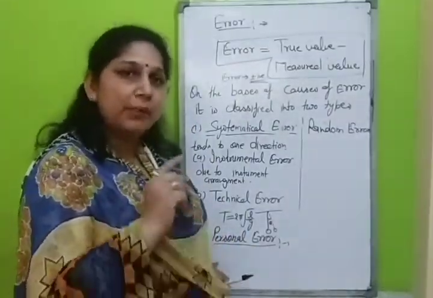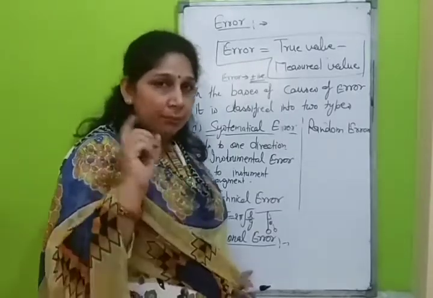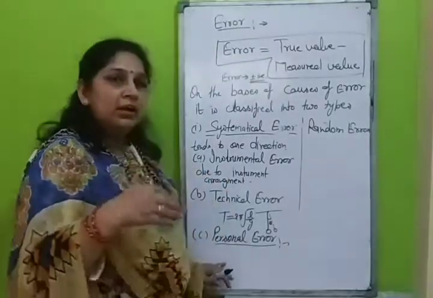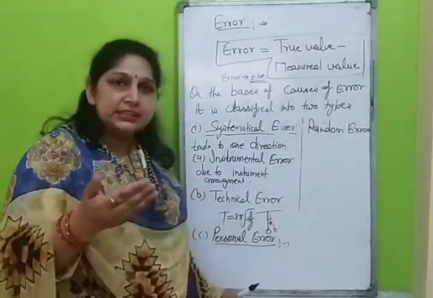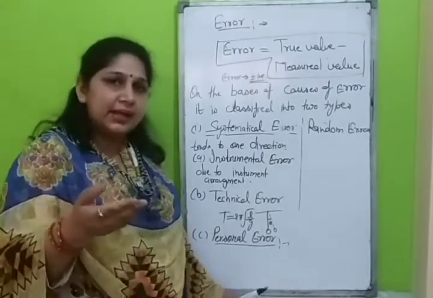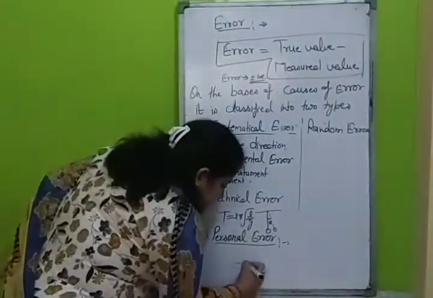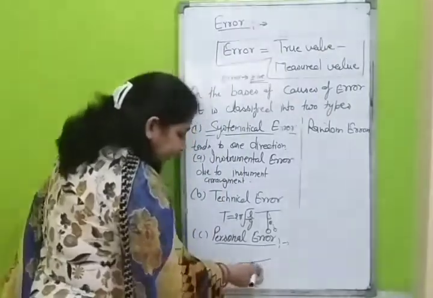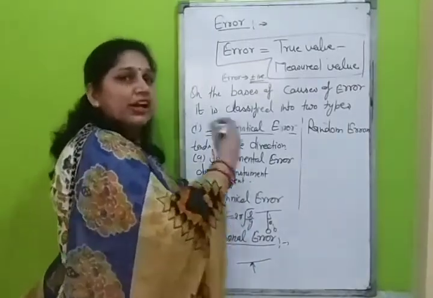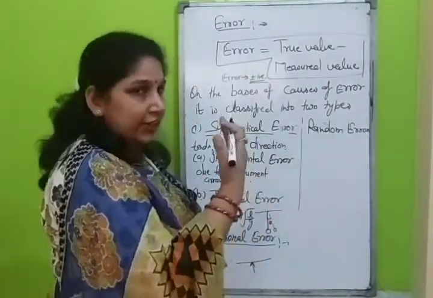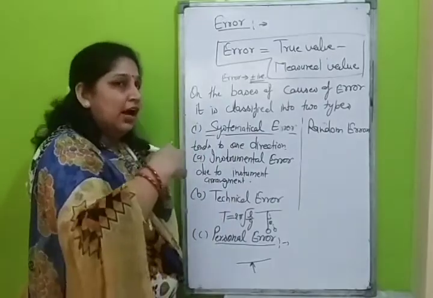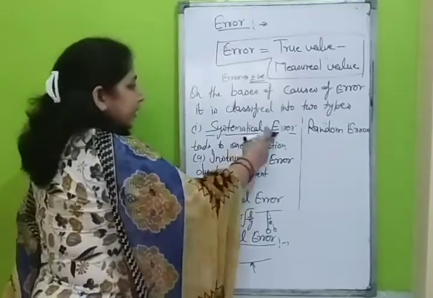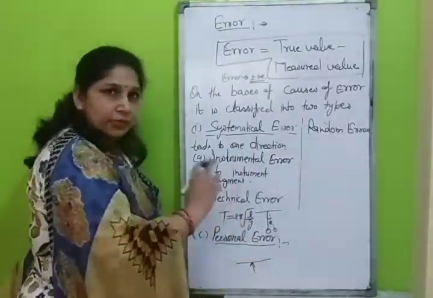This is due to the person who is taking the measurement, who notes down the observation and repeats the mistake one time, again repeats the mistake other time, such as the person is placed at the side of the scale. This is the deflection needle, and the person is placed at the left hand side or right hand side of the deflection needle. Then definitely there will be error, and every time he will make the same error. This is called systematical error of personal error type.